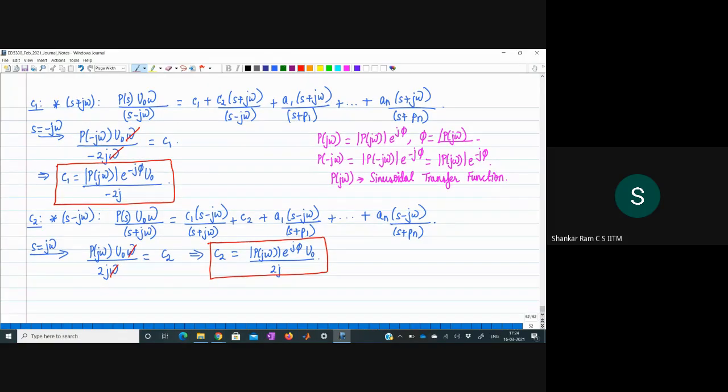So having done this, now let's go back to the steady state output. What was the steady state output? The steady state output was nothing but the limit t tending to infinity of y of t, which is going to be equal to C1 e power minus j omega t, then plus C2 e power j omega t.